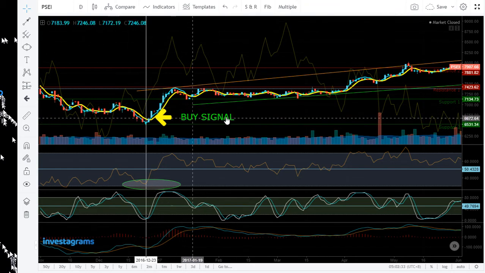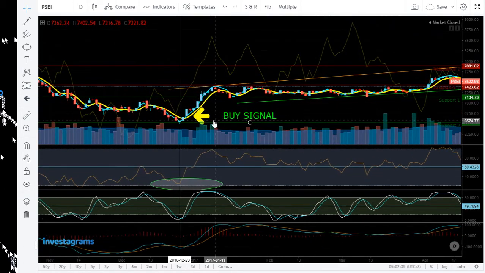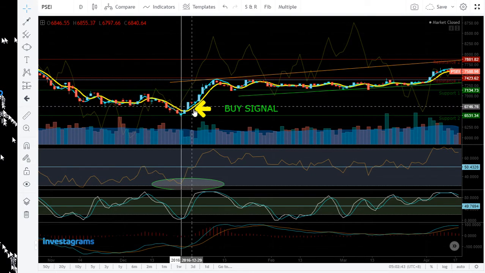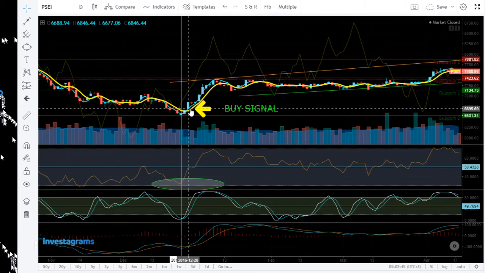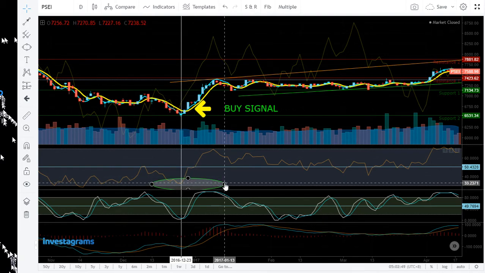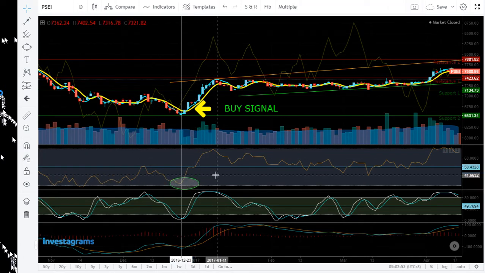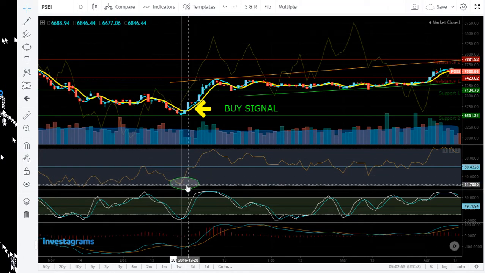So in this particular area, the candlestick pierces up above the cyan and yellow color. Above the yellow color means that it is a conservative buy. So what happened to your RSI? Your RSI proves that really on oversold level, sometimes you have to consider a buy entry.